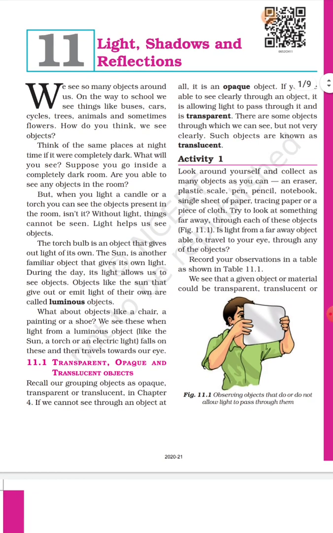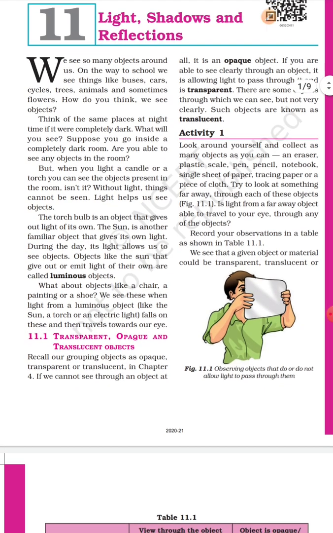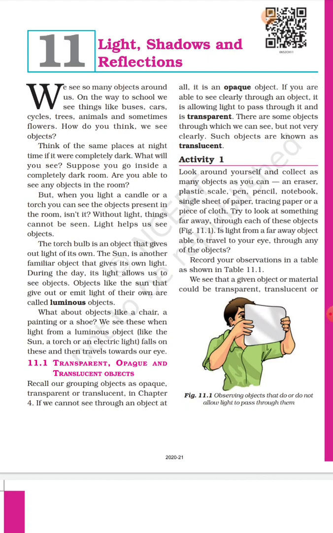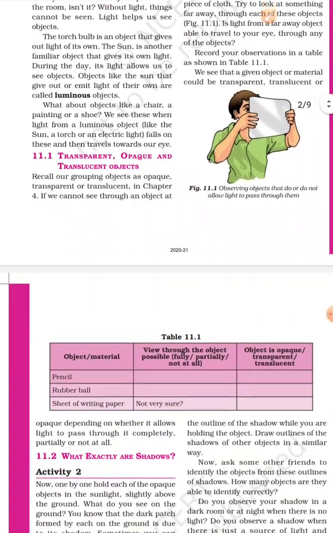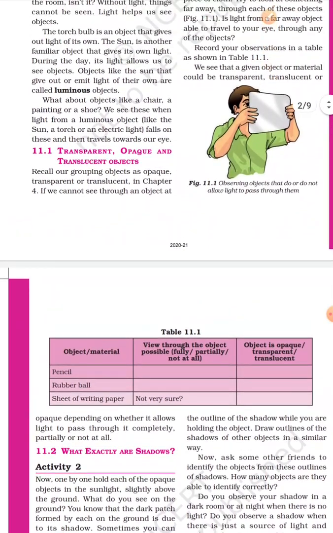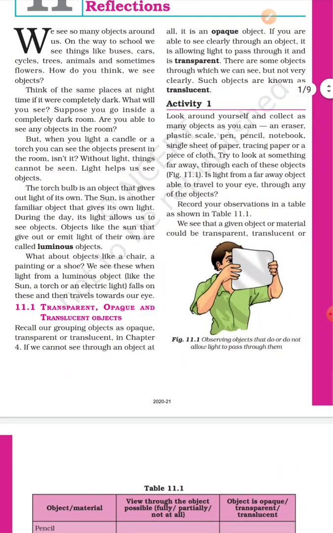Now we have categorized these objects in three different ways also. Number one, transparent. Number two, opaque. Number three, translucent objects. We already discussed this in our previous chapter, what is transparent, what is opaque, and what is translucent. But we can explain this in another manner also.